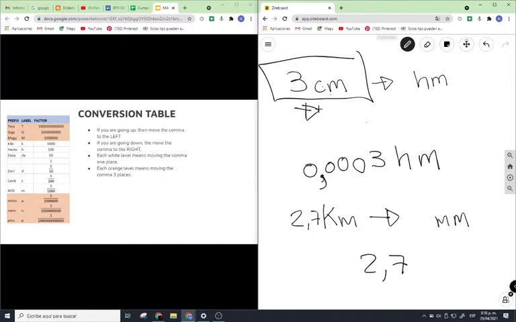Sorry, I just remember that here I did draw this arrow and it was the opposite way, but it doesn't matter. Okay, so let's go back to this. We have to move the comma to the right 6 steps. So 1, 2, 3, 4, 5, 6. The comma is going to be here. Okay.